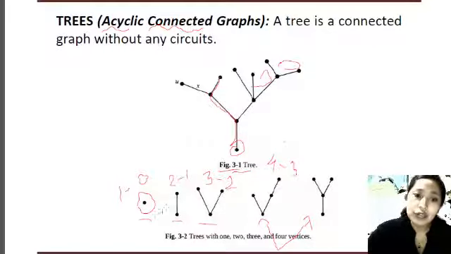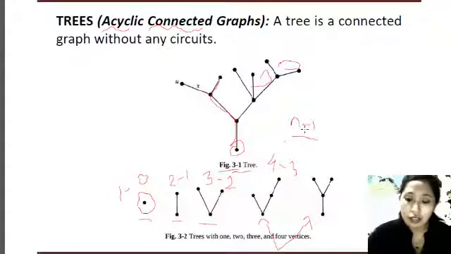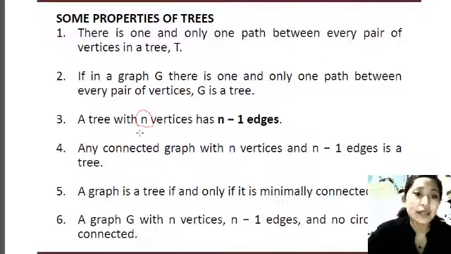You can draw this for any number of vertices and form a tree, and you will get the number of edges exactly equal to n minus 1. So this is a very important property: in a tree with n vertices there will be exactly n minus 1 edges.